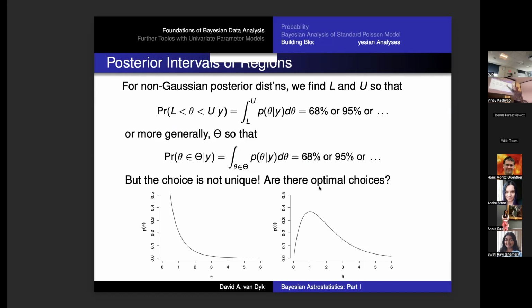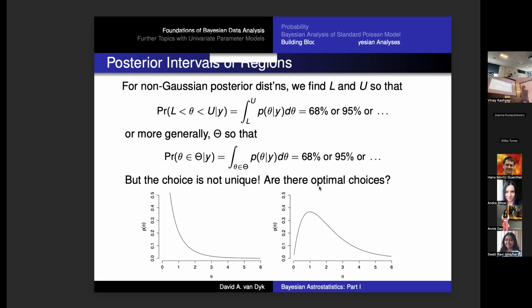So like a 2 sigma error or a 1 sigma error. More generally, maybe it's not an interval, or maybe I'm working in higher dimensions, so it might not be L to U, but some space that has probability 95%.